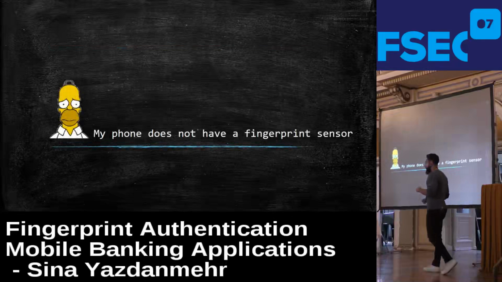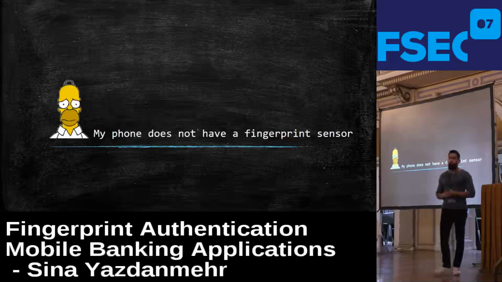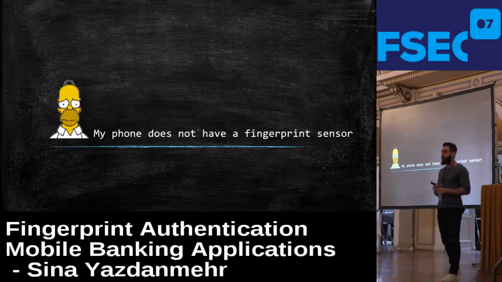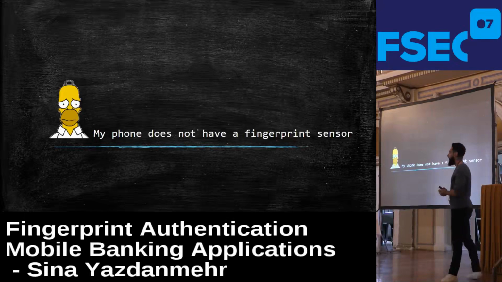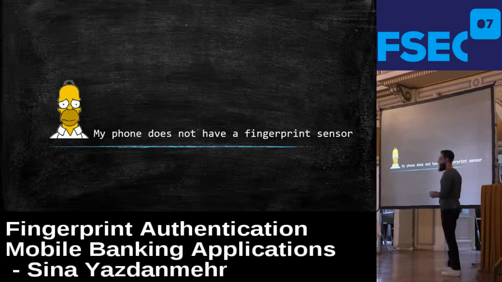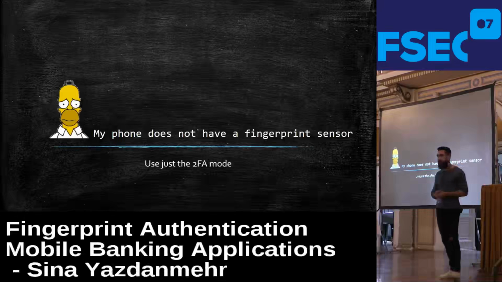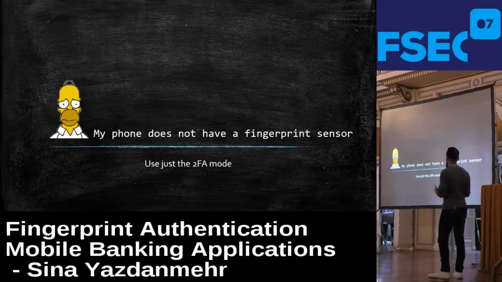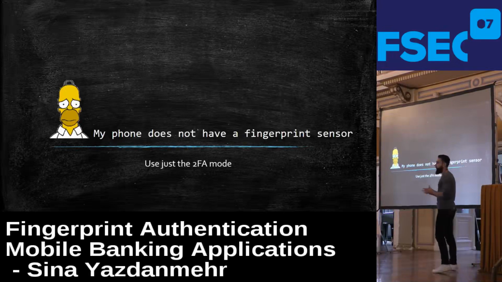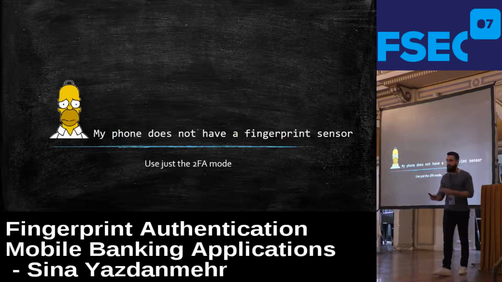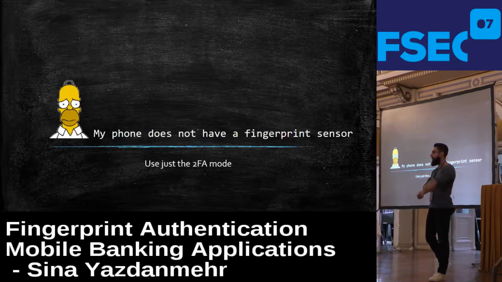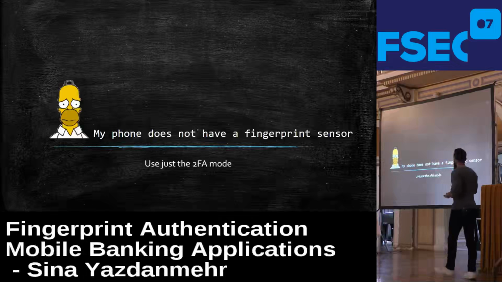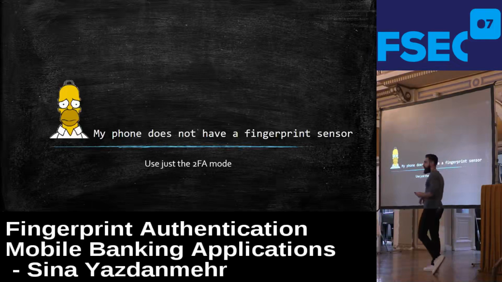But there are a couple of old phones which don't support the fingerprint sensor yet. And a good application must support even old devices. So just imagine there is no fingerprint sensor in the world, and you can just use the PIN code. Proceed with everything like the two-factor authentication mode.